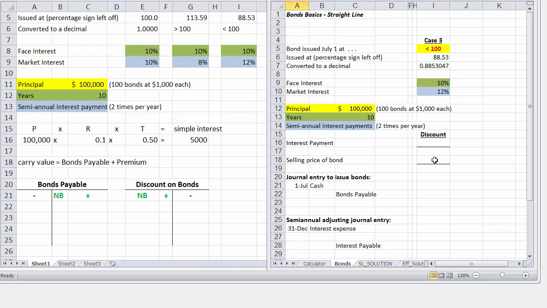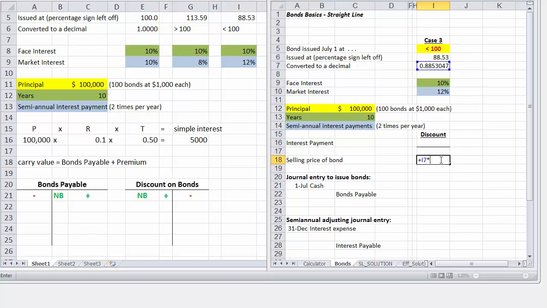So the first thing we're going to do is figure out the selling price. And similar to case 2, all we did was take the 0.853047 number, which again is just this 88.53%. We leave off the percentage for the presentation of the selling price of the bond.